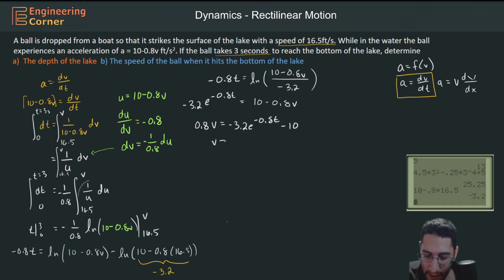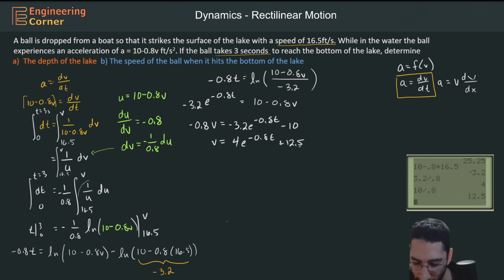And then v is, let's divide 3.2 by 0.8. So 4 e to the minus 0.8t, and then 10 divided by 0.8 is 12.5.